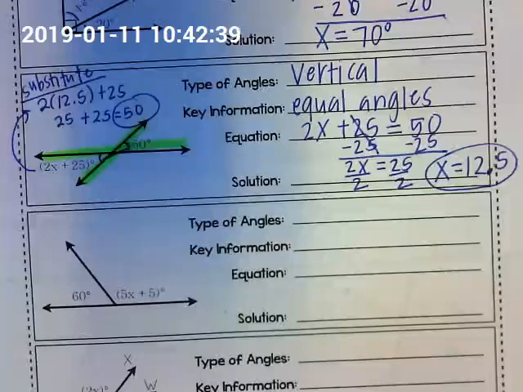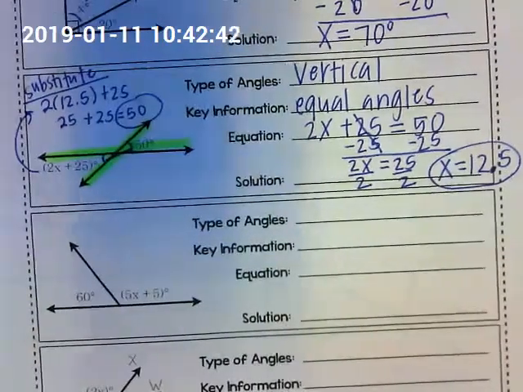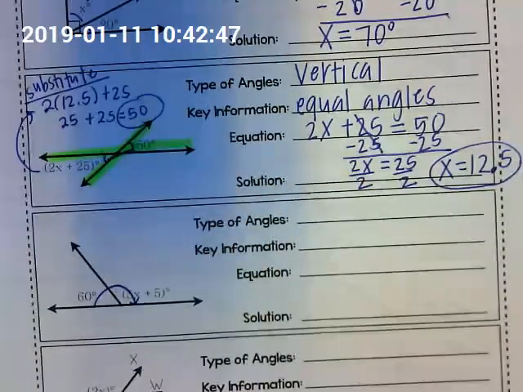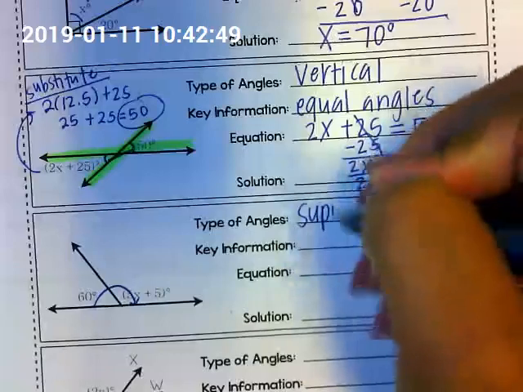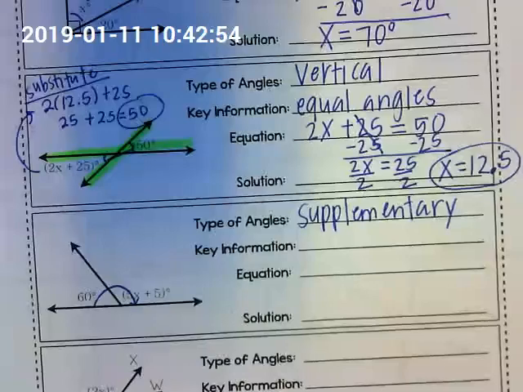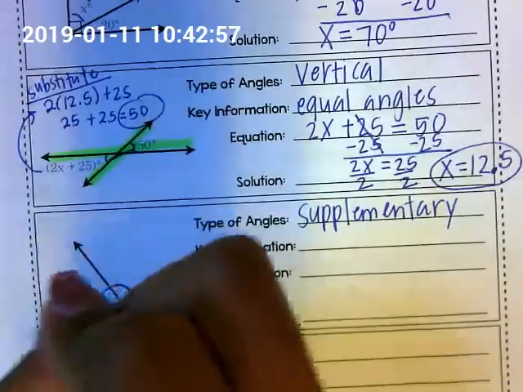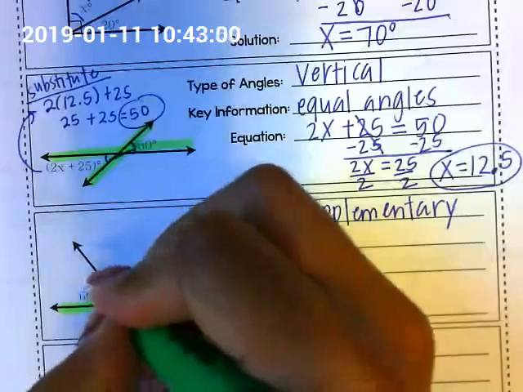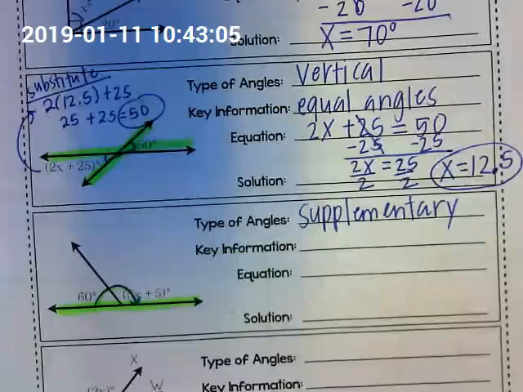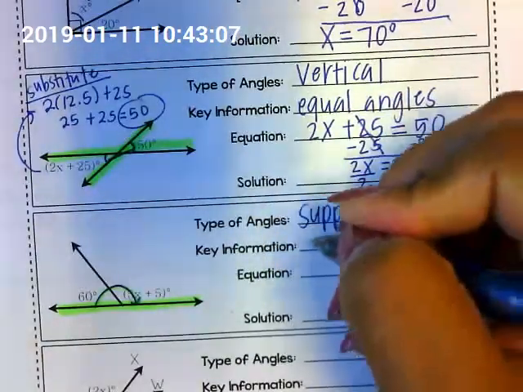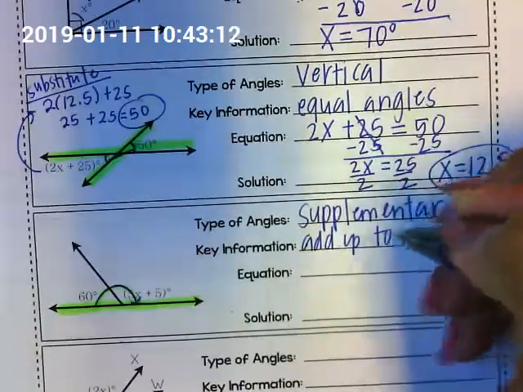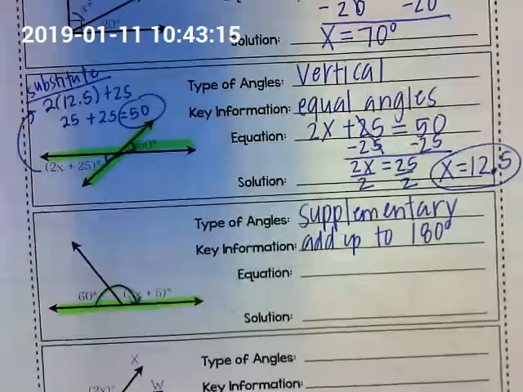All right, going on to the next one. What type of angle is this that has formed a straight line? It is a supplementary angle. We see our straight line formed here. This angle measurement and this measurement add up to what? So our key information is that these two angles add up to 180 degrees.